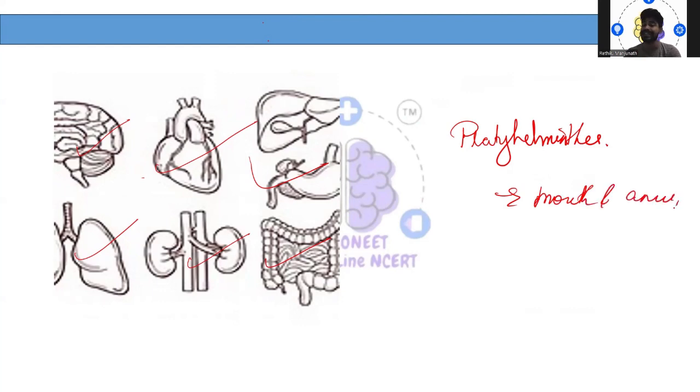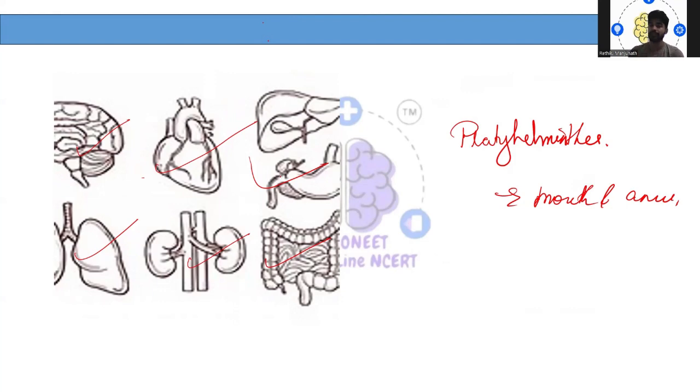Hence, it is an incomplete organ system level of organization. Whereas if an organism has a mouth in one part and an anus where waste is excreted, it is called a complete system.